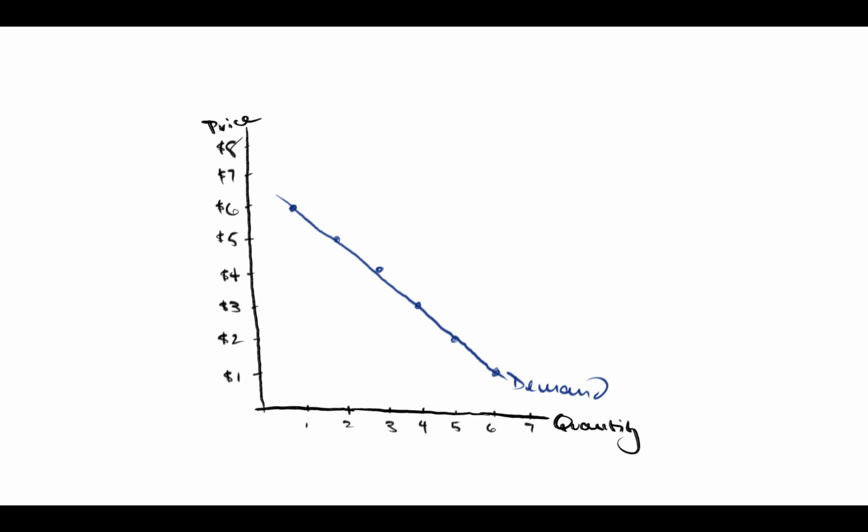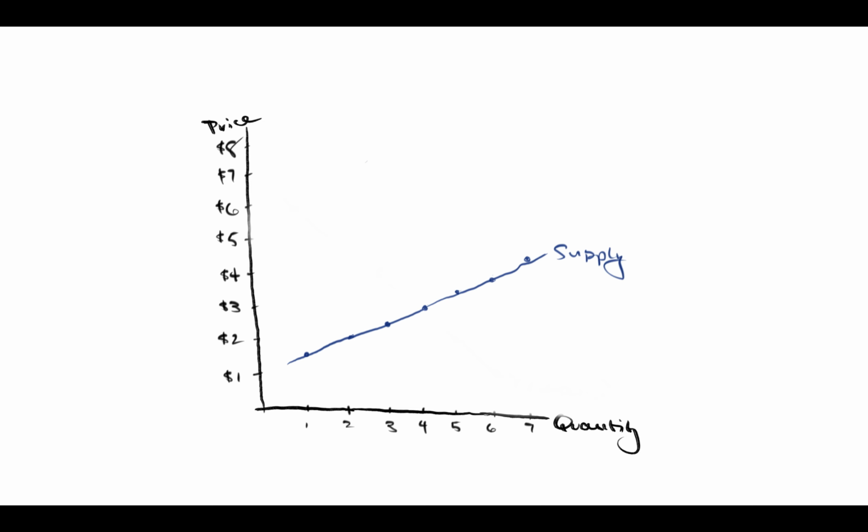Okay, so now I want to talk about the two sides of the market and put them together. Here's the demand. On the other side, supply. When we put them together, we have an illustration of both parts of the market. And at this point, I want to talk about an equilibrium in the market.